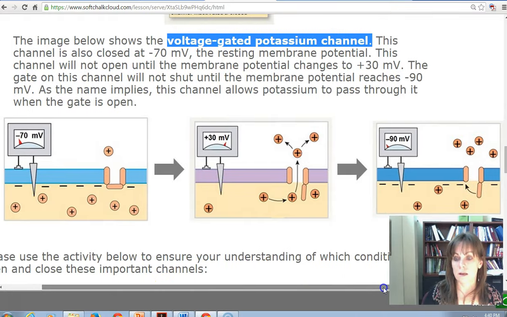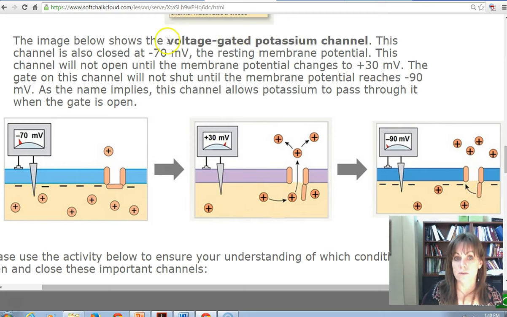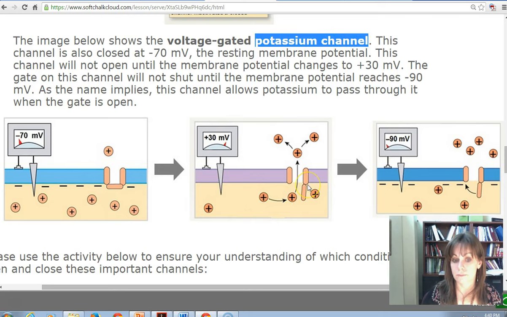And then if we move over here, at minus 90 it is closing again. Now notice it's voltage gated, so voltage controls the gate. But what goes through the channel? Potassium goes through the channel. This is the concept about these different channels and what controls whether they're open or closed.